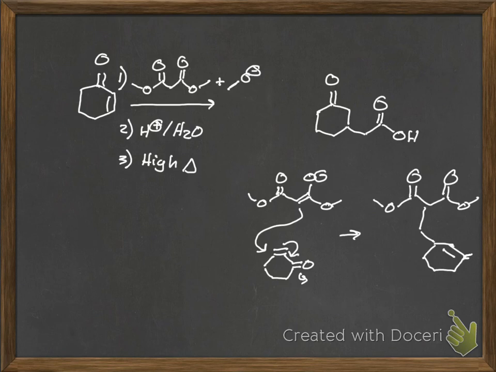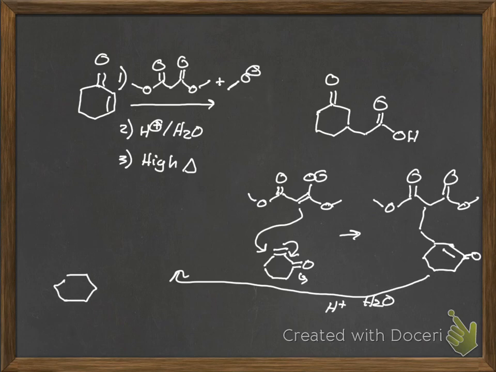Which puts you here. Now, acid and water will serve two purposes here. The acid and water will, one, turn your enolate down there into a ketone. And second, oh, I've balled this all up, haven't I?